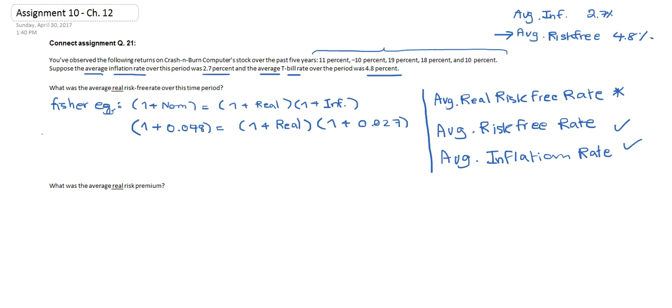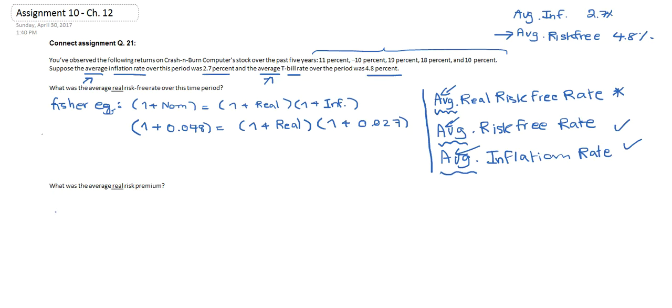The thing I want to emphasize is that in order to find the average real risk-free rate, you need to have the average risk-free rate. Everything has to be already averaged out. Luckily, this question already provides everything in average format, so you don't have to do anything. Just plug the information you have into the equation, and you can find the average real risk-free rate.